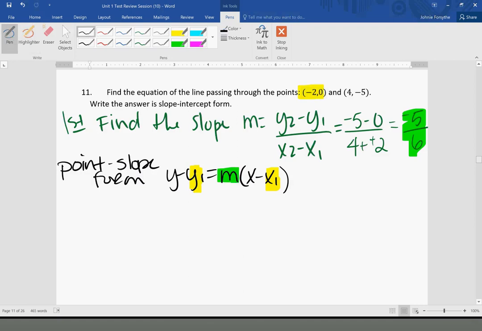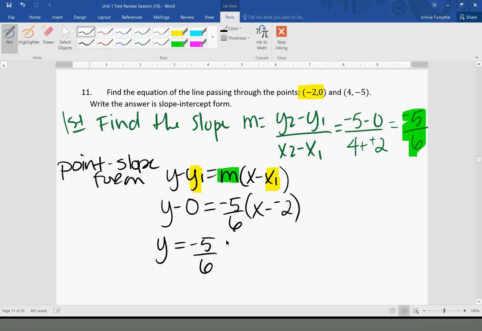Okay, so I have y minus y1, which is 0, equals m, -5 over 6, times x minus x1, which in this case is -2. So I have y, because y minus 0 is y, equals -5 over 6, and then x minus -2 is just x plus 2.